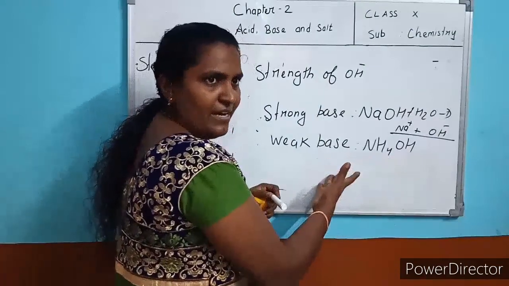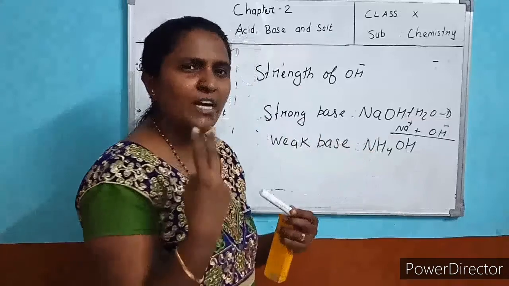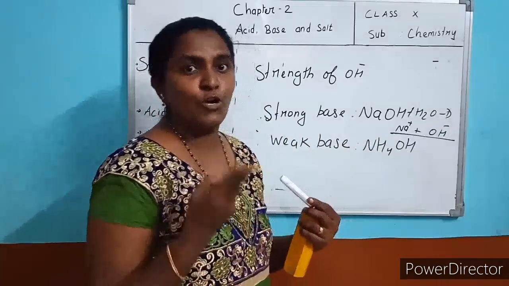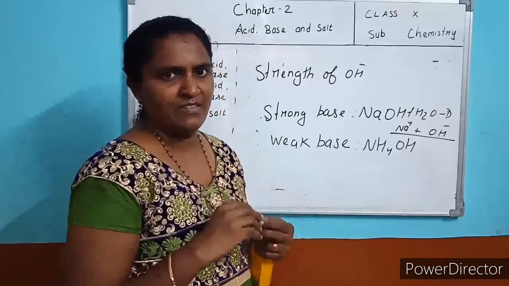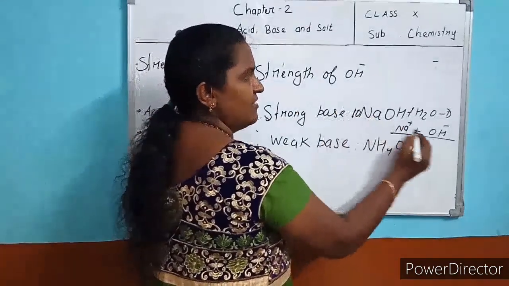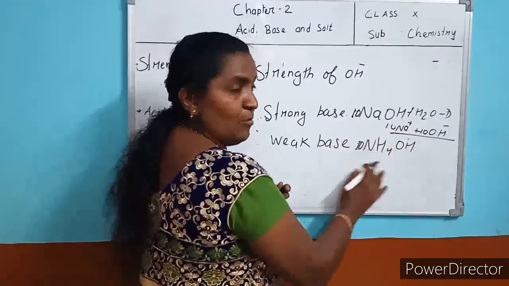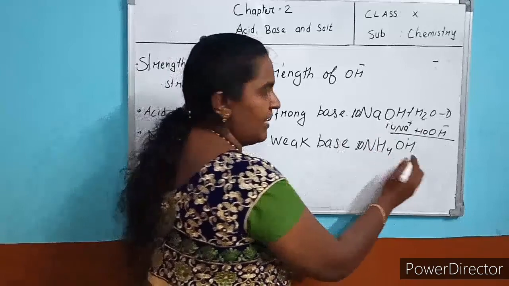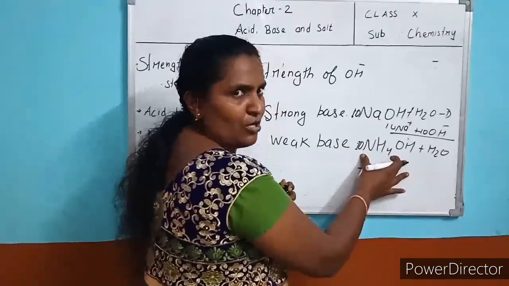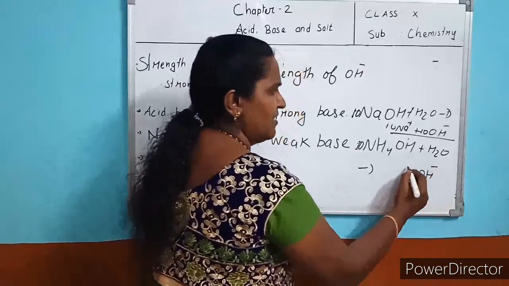Whereas in a weak base, when you add water, out of 10 molecules, 1 or 2 molecules dissociate and you will get 2 OH ions. There, if it is 10 molecules, you will get 10 OH ions. Here if you add 10 molecules of ammonium hydroxide to the water, out of 10 molecules only 1 or 2 molecules of OH produce.